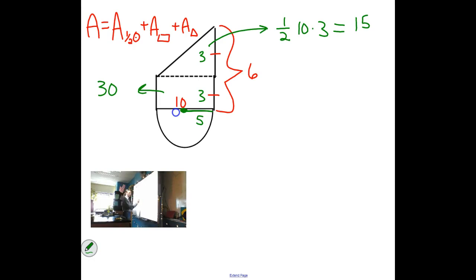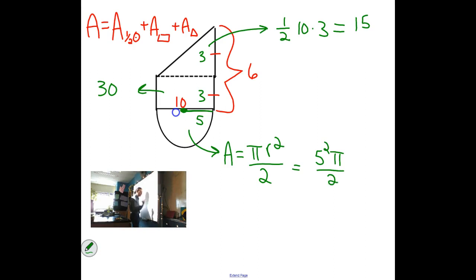And then how do you find the area of a circle? The area of a circle is pi r squared. And because I want 1/2 of that, I'm going to divide it by 2. My radius is 5, so I have 5 squared pi divided by 2.